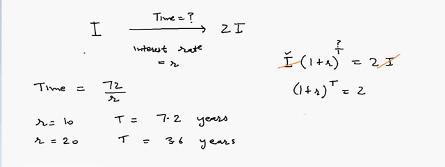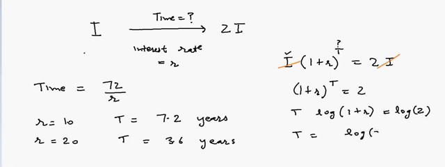Further, if you take log on both sides, it will be t times log of (1 plus r) is equal to log of 2, or t is equal to log of 2 divided by log of (1 plus r), right?